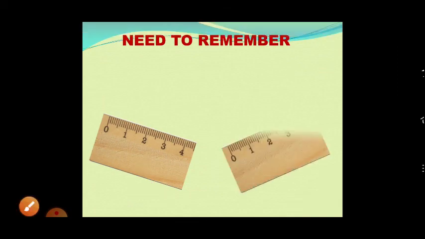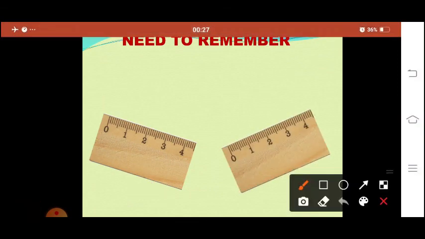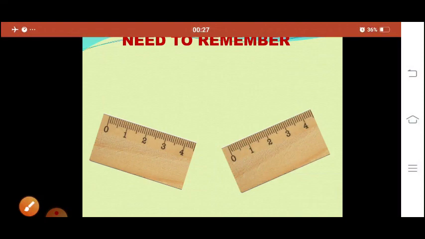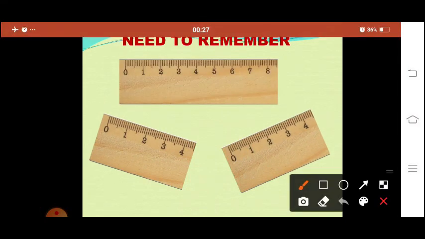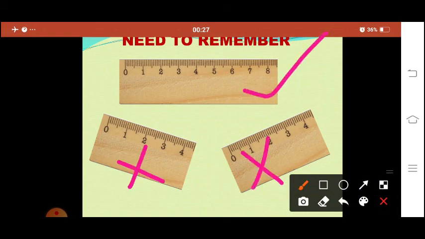This way also is wrong. You should always keep the ruler straight. This way is correct. Then only you will get the exact measurement of the length.